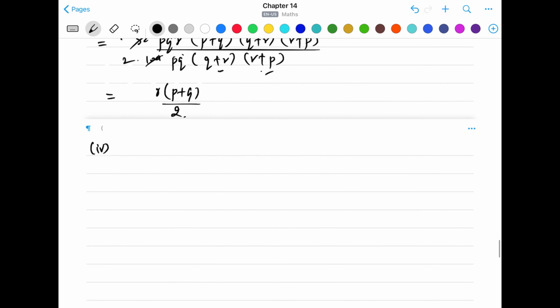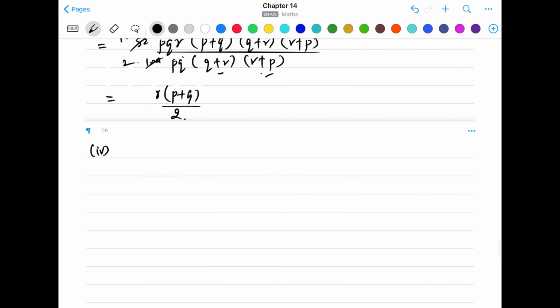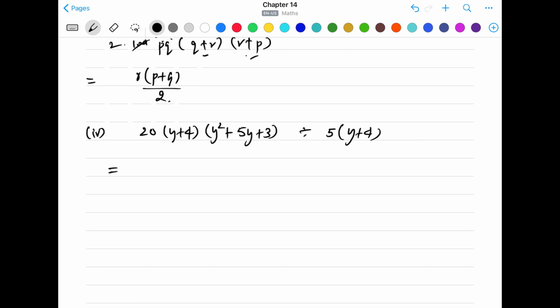Let's see the next one now, part 4. We have 20 into y plus 4 into y square plus 5y plus 3, which is to be divided by 5 into y plus 4. Okay, let's first write this in division form.